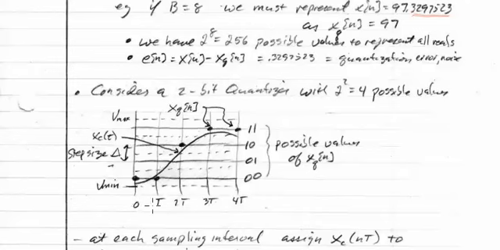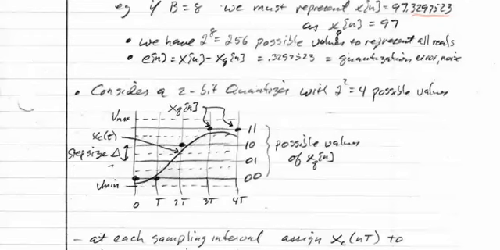So every capital T seconds, the sampling interval is T, we're going to sample this nice smooth signal and assign it to one of these memory locations. We're only going to use 2 bits to represent each sample, however, and those 2-bit assignments are shown on this axis. This axis shows volts, and correspondingly over here we show the 2-bit words used for each sample.